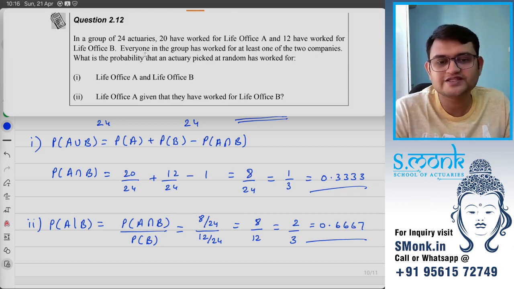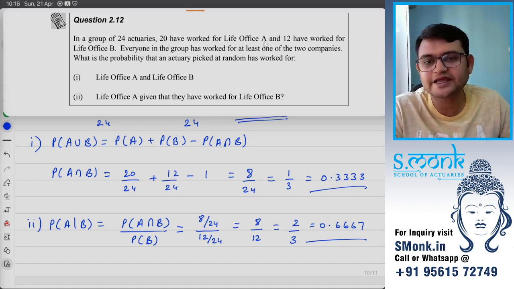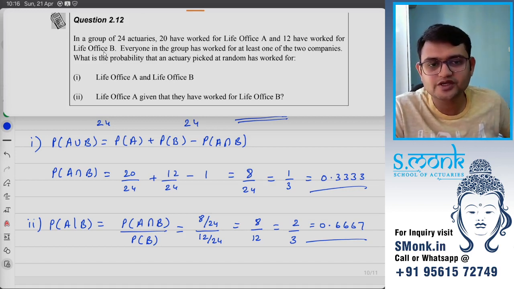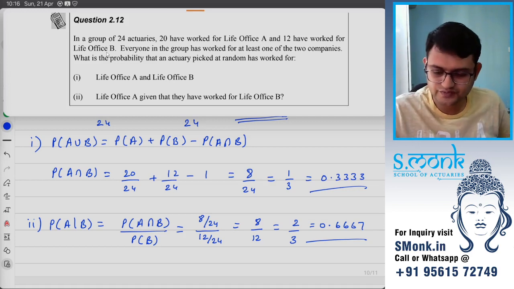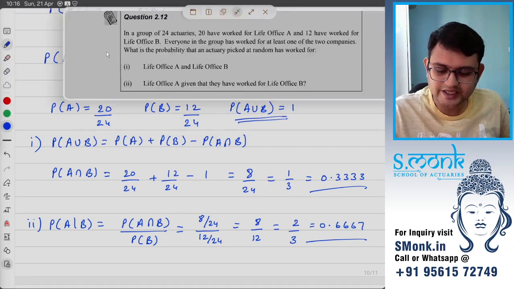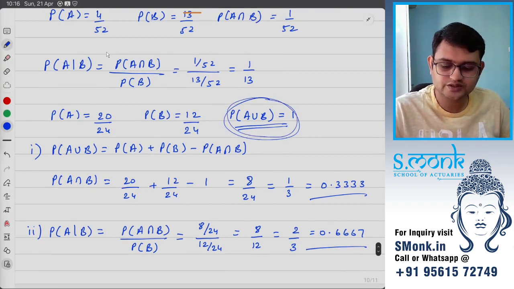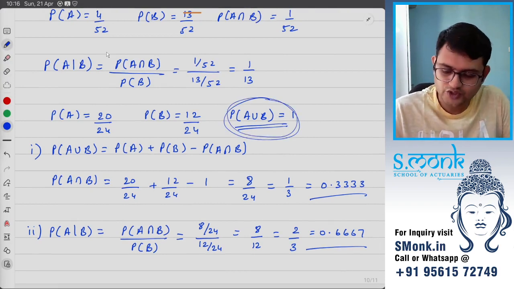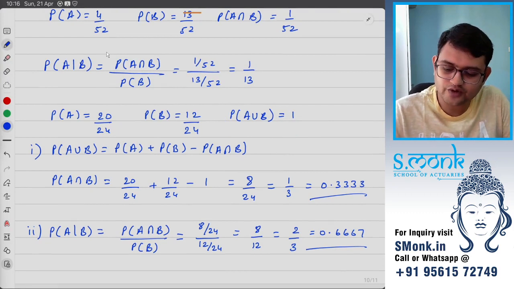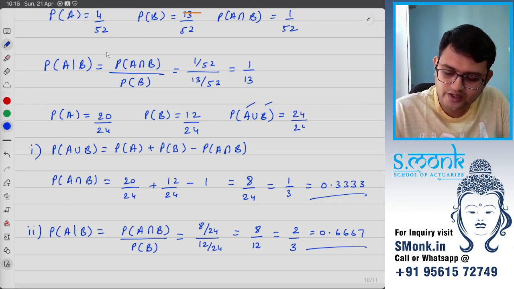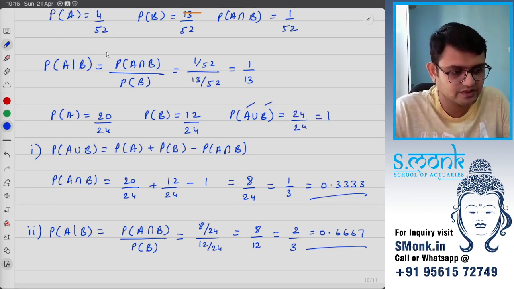So when I say everyone in the group has worked for, that means all of these 24 actuaries have worked for either A or B or both. So when I say either or, I'm talking about union. So all 24 of them are part of this either A or B. So 24 by 24, that is 1.